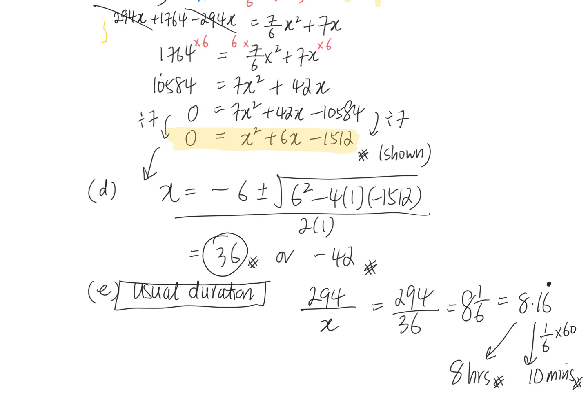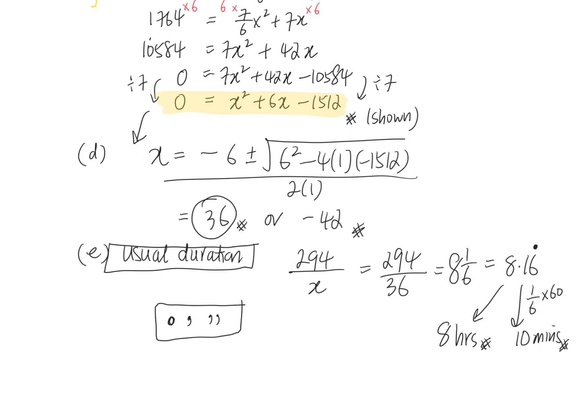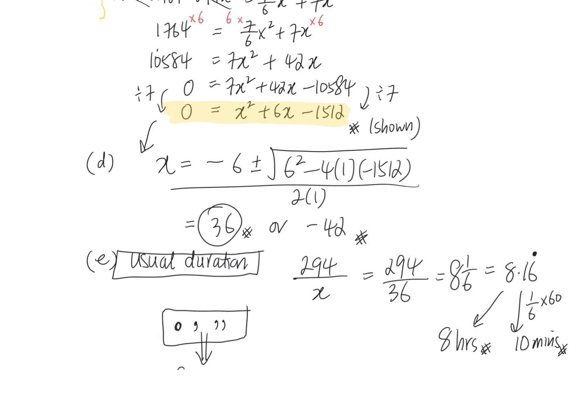Okay? Or you remember there's a button in your calculator that has a full stop, a comma, and then close inverted commas. If you press this, right, it will straight away give you your answer in terms of hours and minutes.